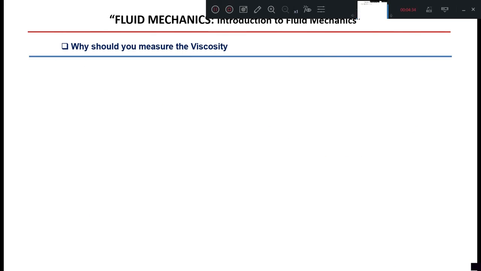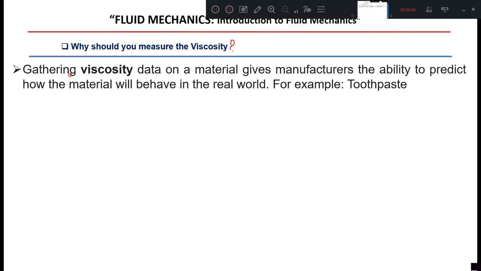So why should you measure the viscosity? There is always a question why we need viscosity. So what is the use of it? Gathering viscosity data on a material gives manufacturers the ability to predict how the material will behave in the real world.